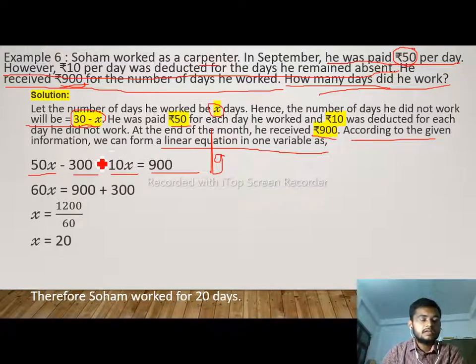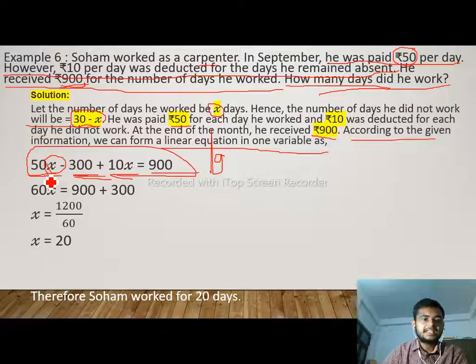For x days he gets rupees 50 per day, so 50 into x. And why minus 300? Because when you multiply 10 into 30 minus x, you get 300 minus 10x. So 50x minus 300 plus 10x is equal to 900, forming the expression.